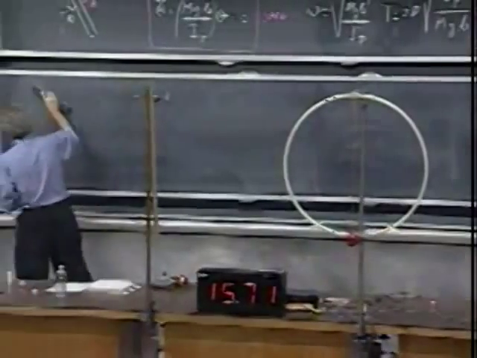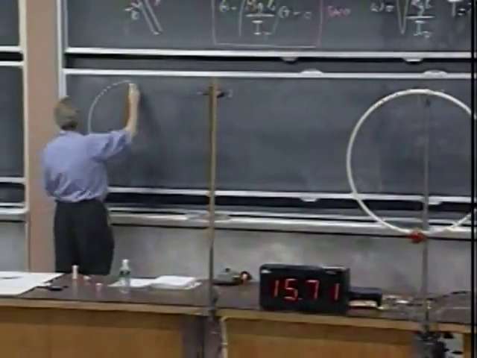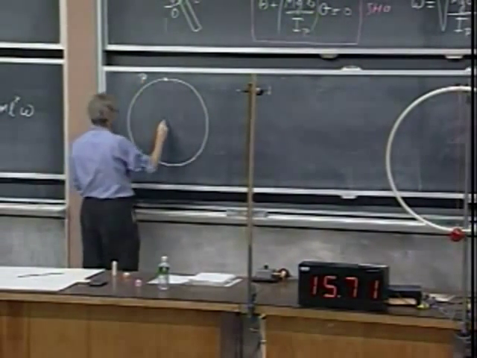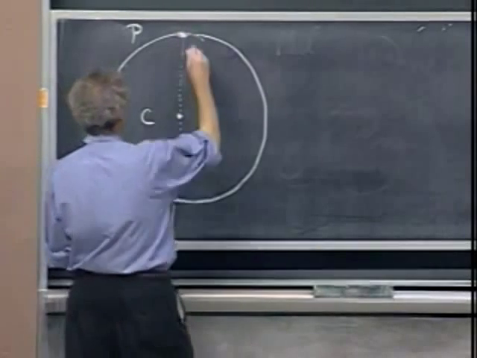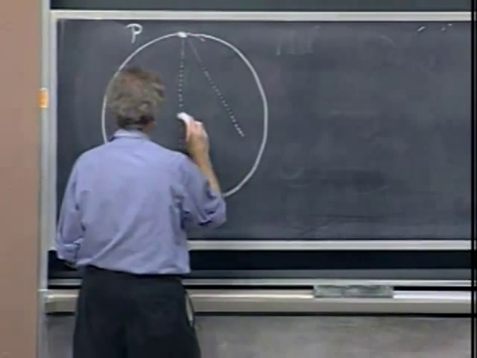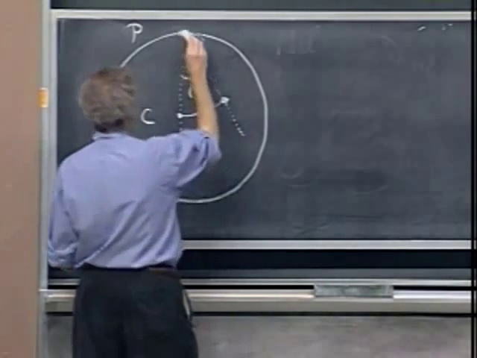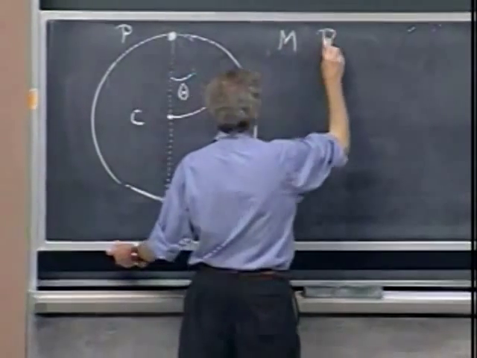We have a pin through the hula hoop. This is the hula hoop. This is point P. This is the center of mass. I call it C. It's now like this. A little later, the center of mass will be here, and this angle will be theta. The mass of the hula hoop is m, and it has a radius r.